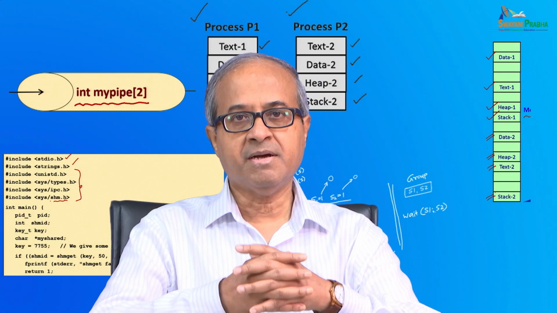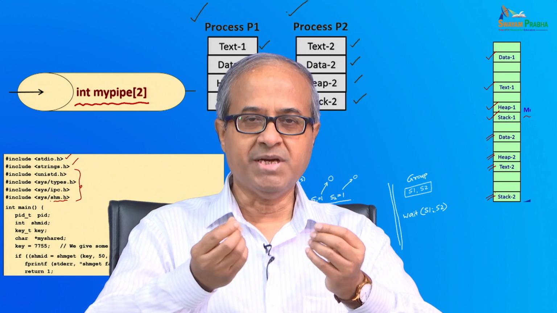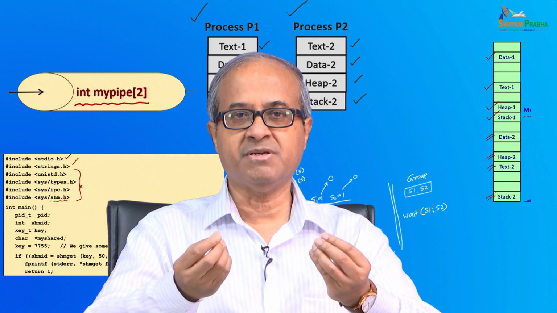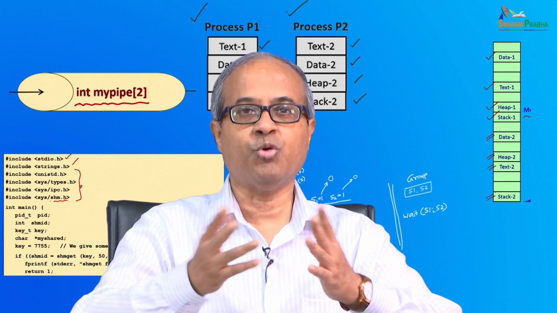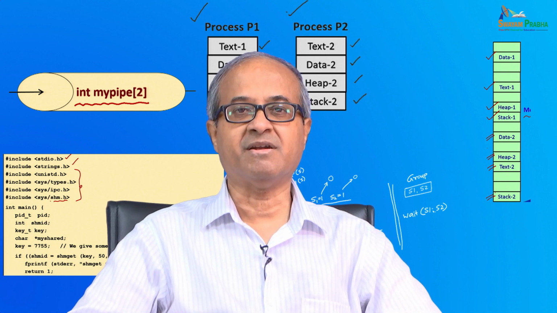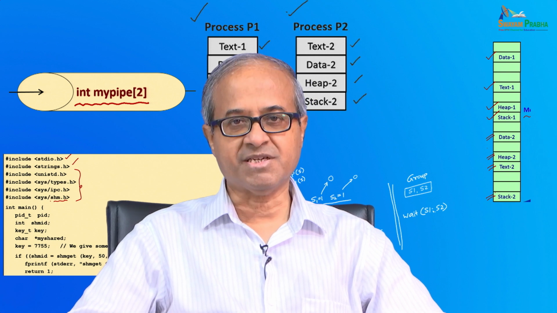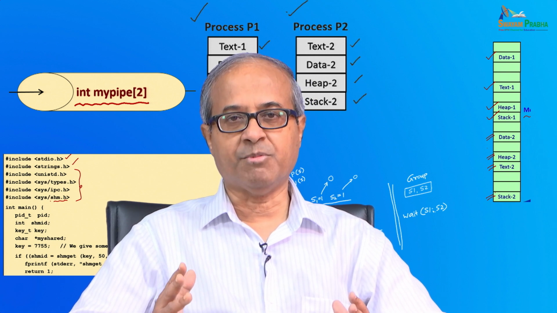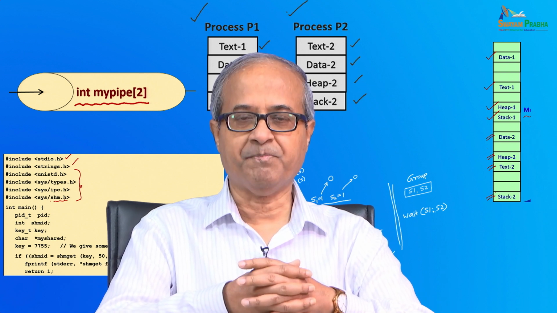So welcome back. In the previous lectures on interprocess communication, we had seen a number of issues relating to what might happen when a number of concurrent and cooperating processes are running on a processor. We talked about the critical section problem, and we looked at a number of solutions to handle it.